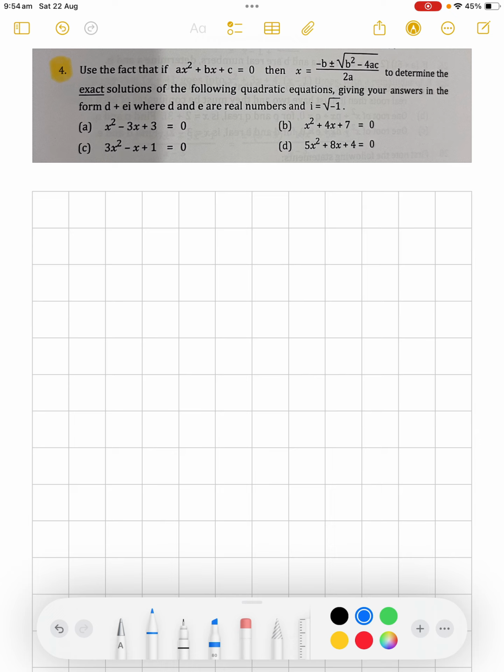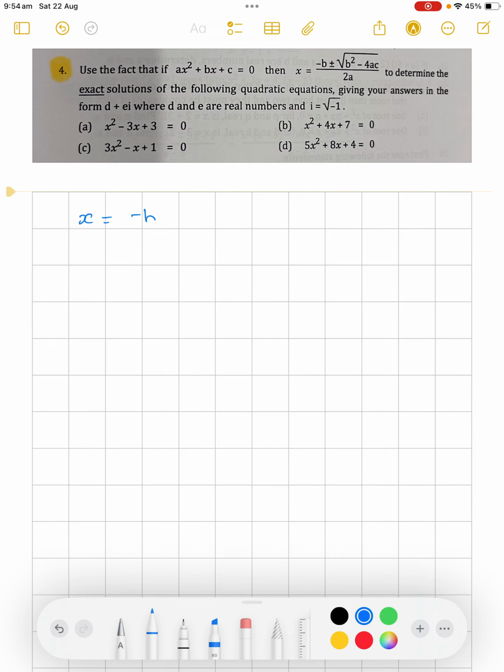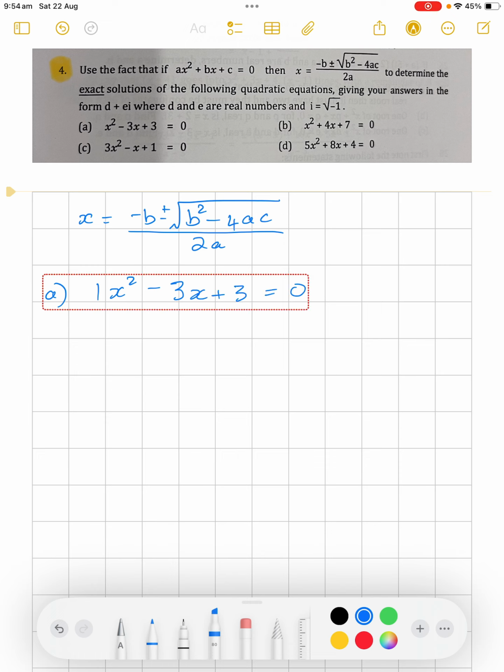So we're looking at this formula: x equals negative b plus and minus the square root of b squared minus 4ac, all over 2a. And we'll do it firstly for a. We've got 1x squared minus 3x plus 3 equals 0. Notice I added the 1. That wasn't in the question.